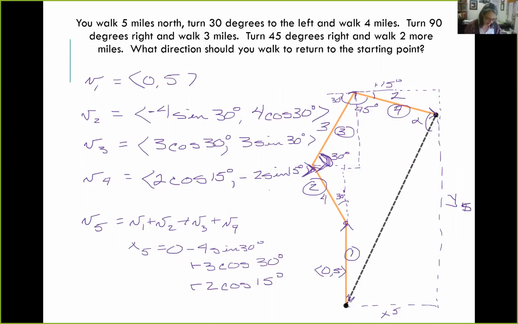Okay, so I've got 30 degrees sine times 4 negative, 30 degrees cosine times 3, add that, and then add 2 times the cosine of 15 degrees, and we get an x displacement of 2.53. All right, so I'm going to erase some stuff because I need some space.